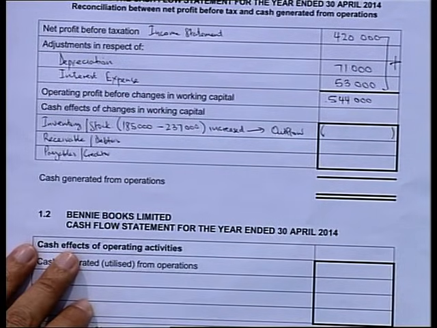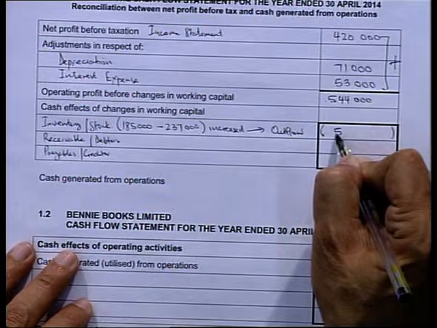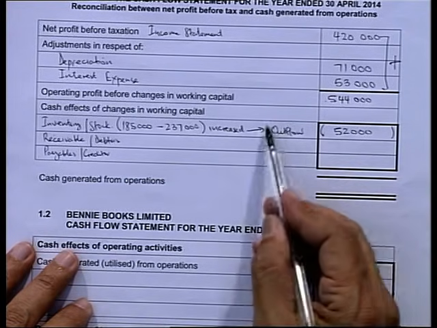So on your calculator, it's just the difference between 237,000 and 185,000. That will be 52,000, which will be an outflow.